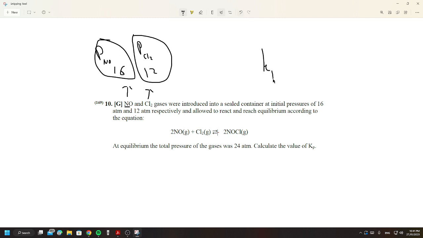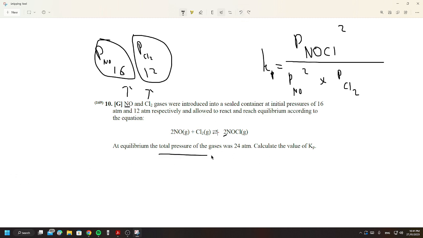Kp is equal to the pressure of NOCl squared, because coefficient 2, see this time I didn't forget it, over the pressure of NO squared times the pressure of Cl2. Okay, now we don't know the pressure of NOCl, right?